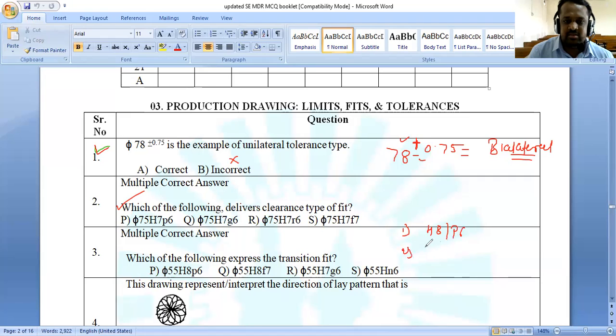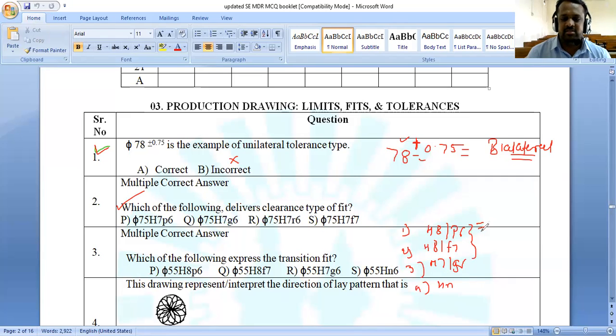Then second H8 F7. Third H7 G6. And fourth is H7 N6. Actually, it is not the correct method to show. Just we will try for 3 only.